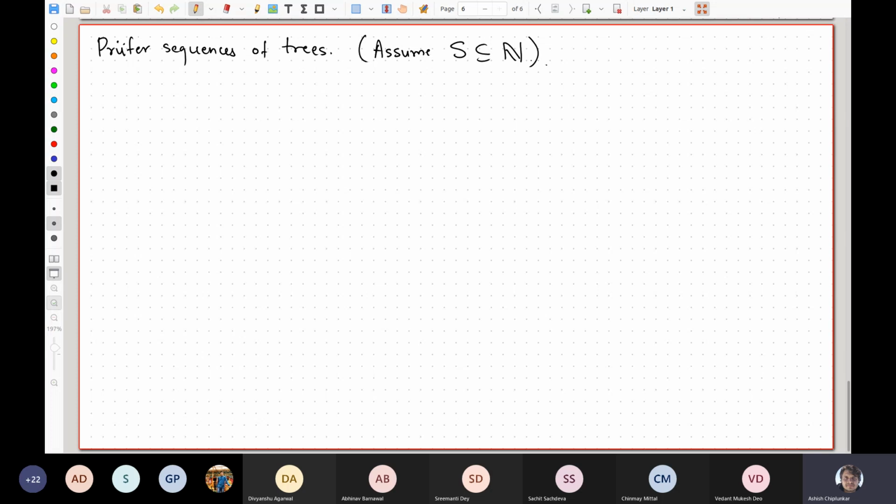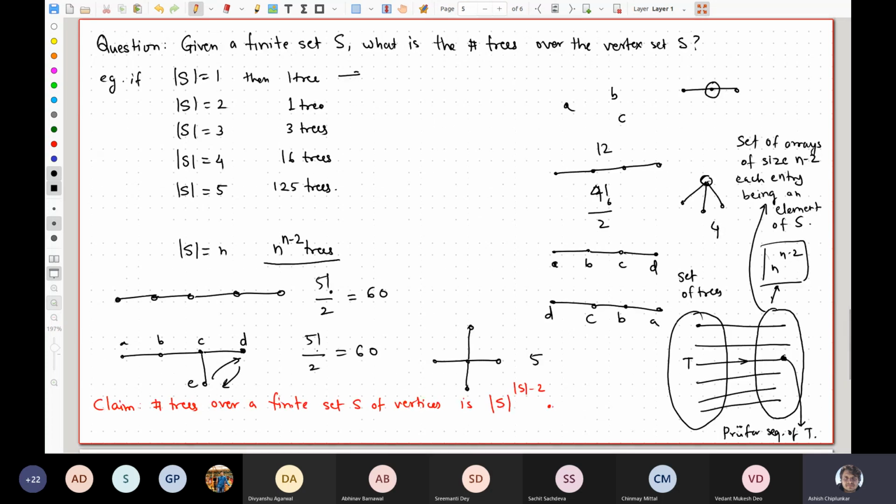So for now, let us just assume that S is a finite subset of natural numbers, and that the size of S is at least 2. The case where the size of S is 1 is a special case where all this stuff is not really applicable. This Prufer sequence business is applicable as long as your set has size at least 2.